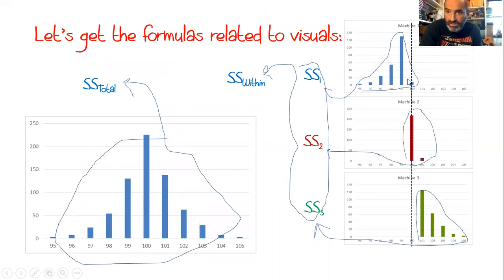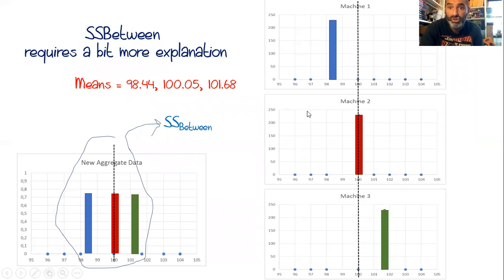All these points in this group, there's like 220 something points in that group. We represent each point with its sample arithmetic mean. We represent each point in this data set with its own sample arithmetic mean. We represent each point in this third data set with its own sample arithmetic mean. So what do you have?